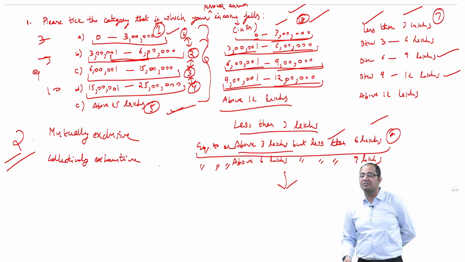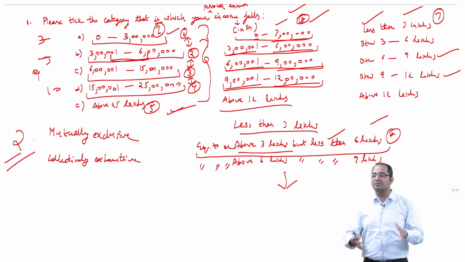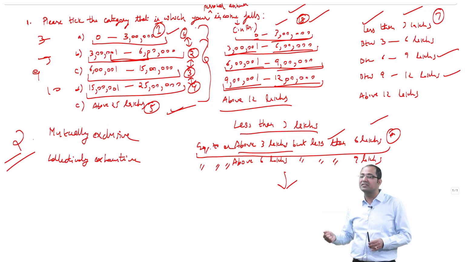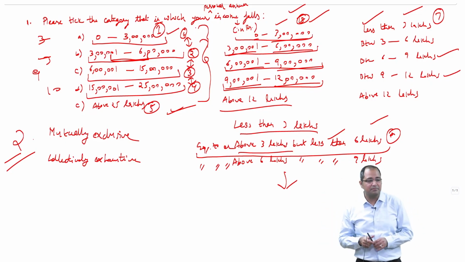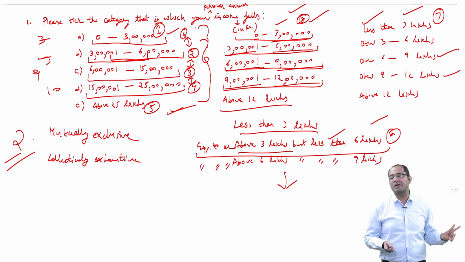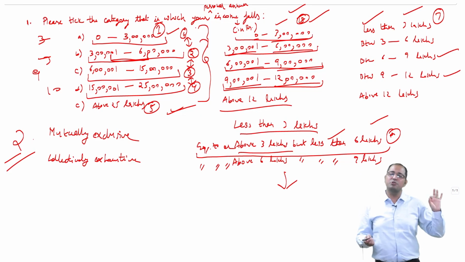So when you make the questionnaire, your answers should be mutually exclusive and collectively exhaustive, which means all the answers should come under these answer options. Anybody and everybody who is your respondent should be able to mark an answer among your categories. There cannot be any answer beyond them. That is called collectively exhaustive. So there are two basic characteristics when we are asking questions: mutually exclusive, collectively exhaustive.